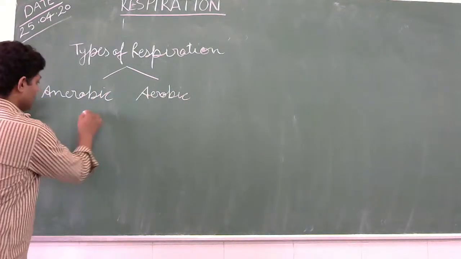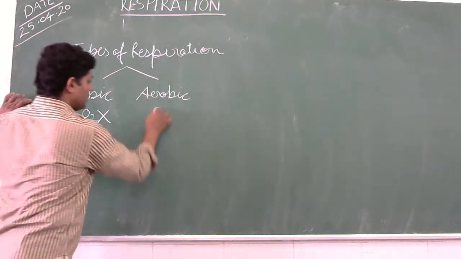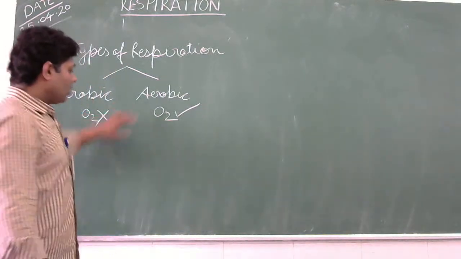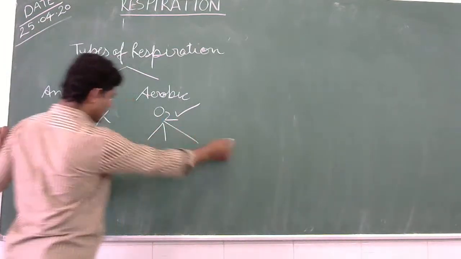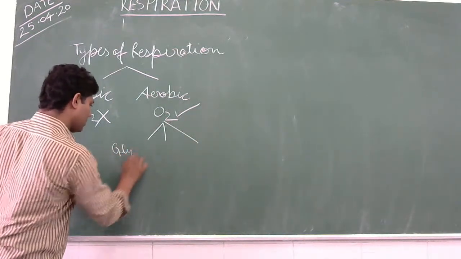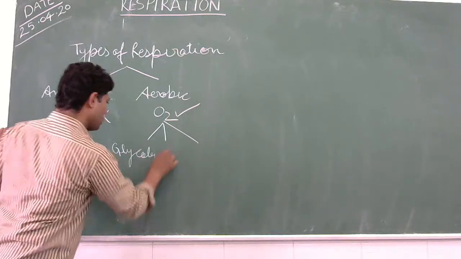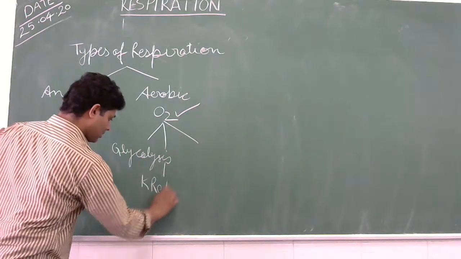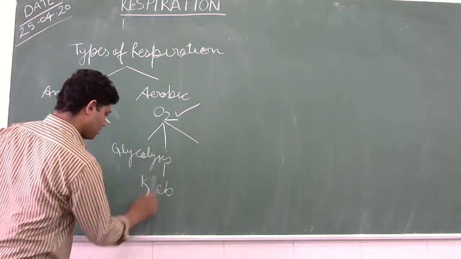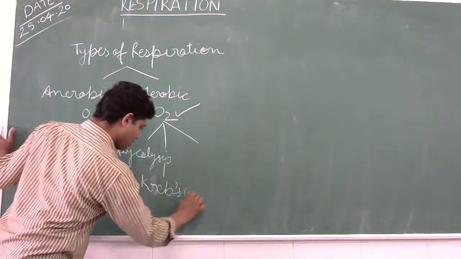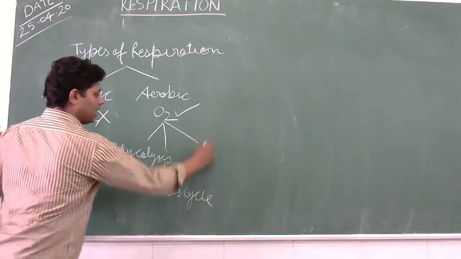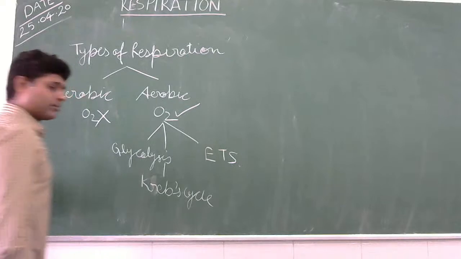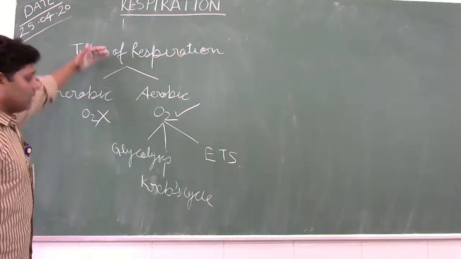Anaerobic respiration does not need oxygen, but aerobic respiration needs oxygen. Again, in aerobic respiration, the first step is glycolysis. The next step is the Krebs cycle, and the third step is the electron transport system. So this completes the respiration.